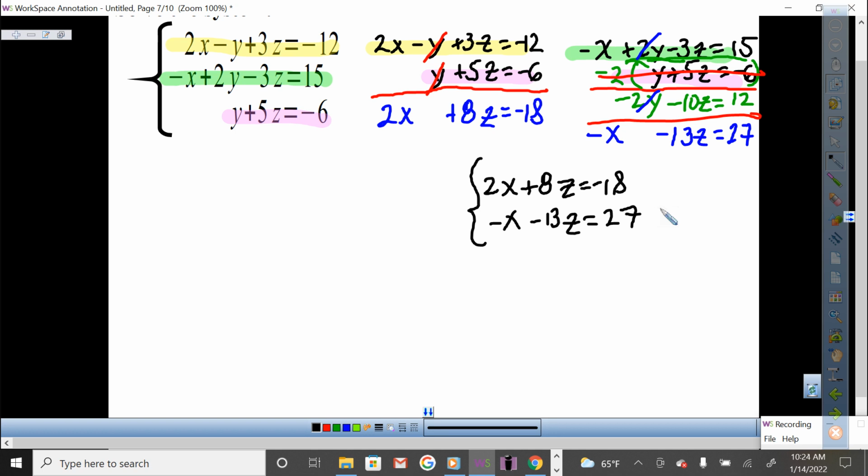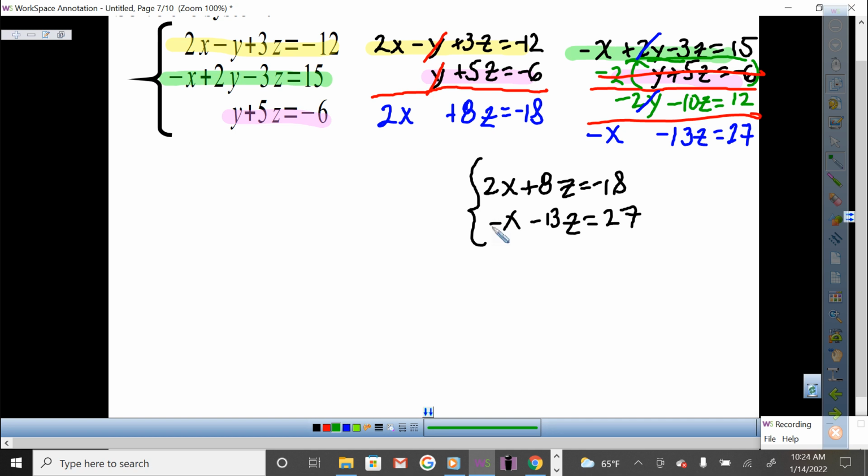Again, we're going to use elimination. By looking at it, which one's pretty close to eliminating? Which variable? Look at it. Which one would we eliminate? Or which one's pretty close? The x. But this one needs to be a what? And it needs to be a negative 2, right?